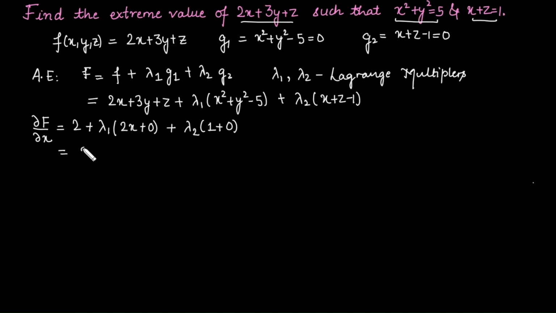We have 2 plus 2x lambda 1 plus lambda 2 is equal to 0.